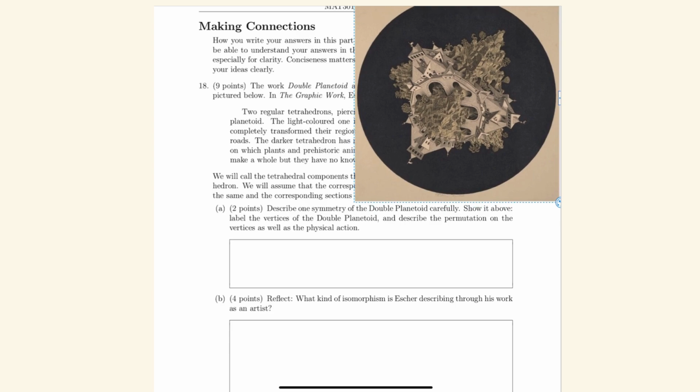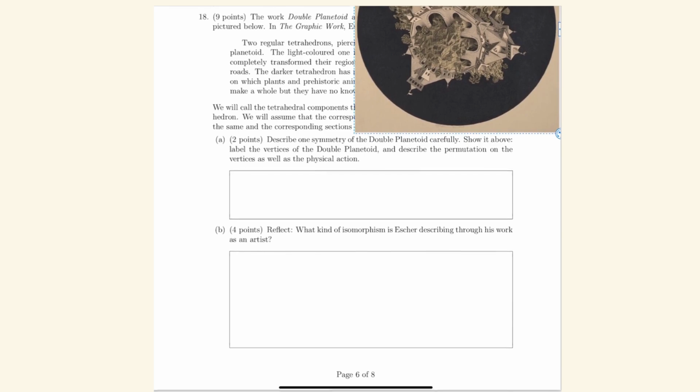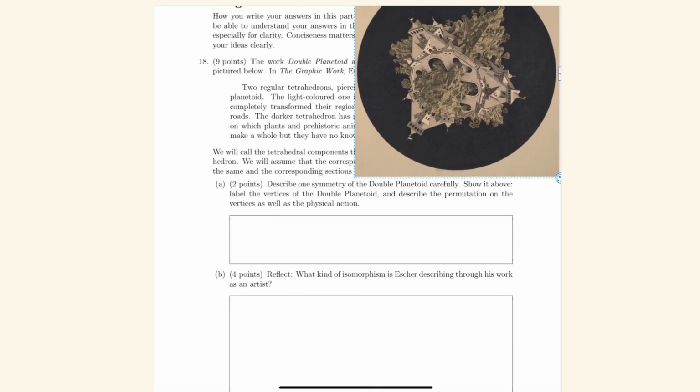Now, the symmetry was done quite well. Most people were able to describe one symmetry of this double planetoid. Now, I graded Part B, and this is one of the places where reflections were not very well done. Some people were just trying to give me some explicit homomorphism related to this shape in terms of algebra, and kind of missed the whole point of Escher describing through his work as an artist.